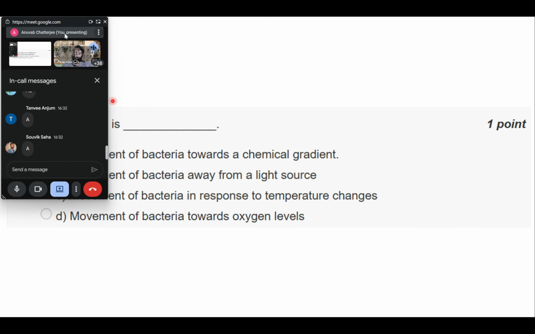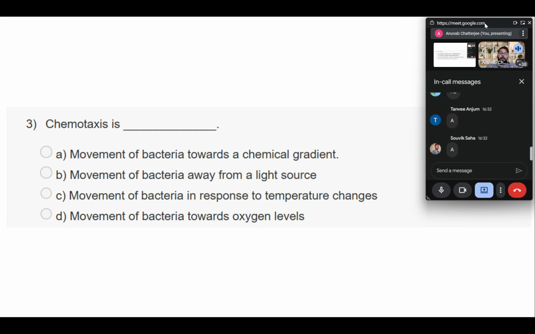That was pretty straightforward, and everyone has also answered it correctly. Even though the question says towards a chemical gradient, it could be away as well. I would rather pose it as movement of bacteria in response to a chemical gradient. Any question from this one?